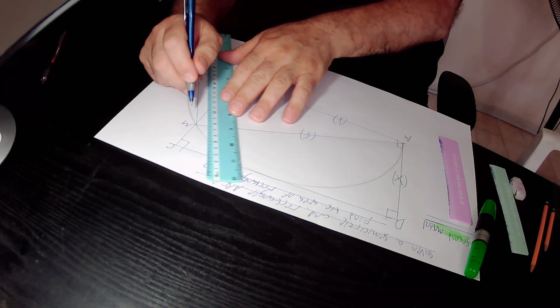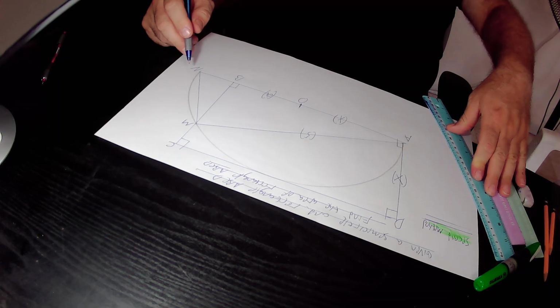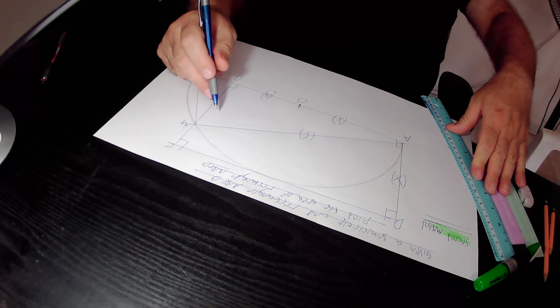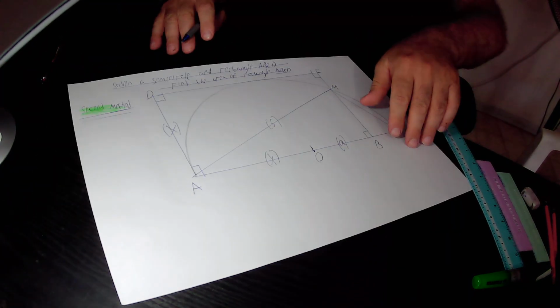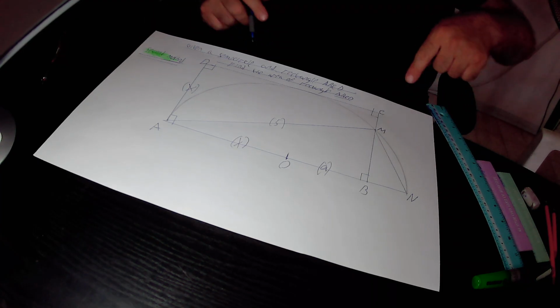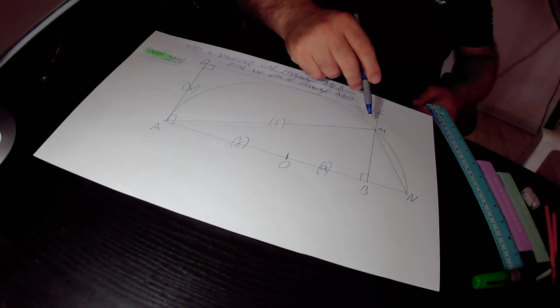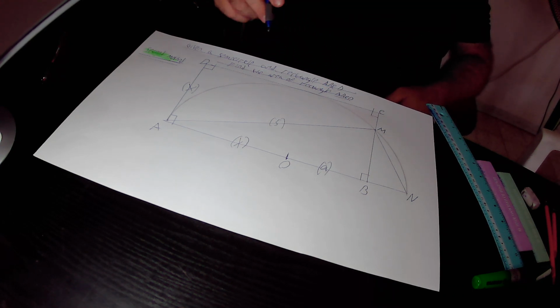Actually, by joining points M and N, we can form peripheral angle AMN. This is peripheral angle MAN. Peripheral angle MAN subtends AM.